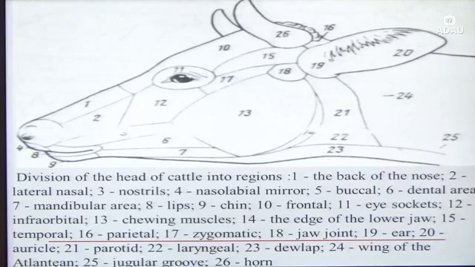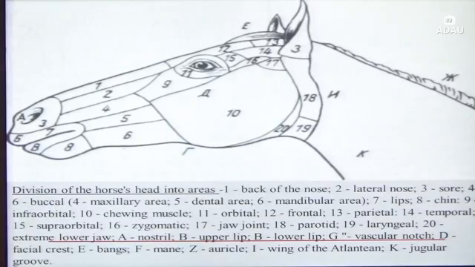We should know the structure of the auricle, horns, lower lip, upper lip, and nostrils, nasal septum. This is the maxillary nerve, which is located here, and the mandibular nerve, located here, and has some branches. This is the structure of the head of cattle, and some structures are the same in the horse, but some places are different, which we should know.